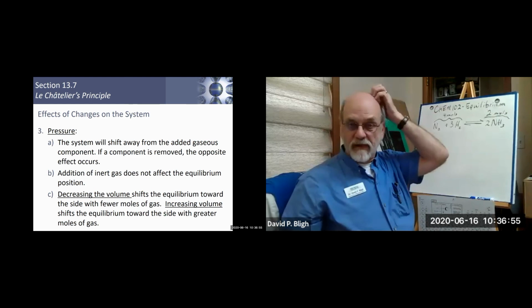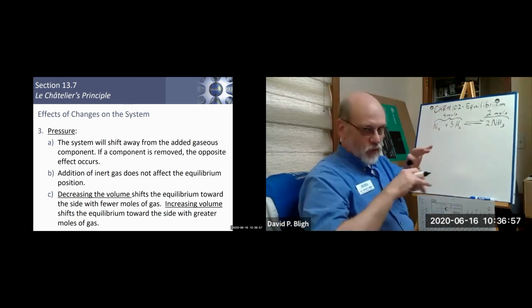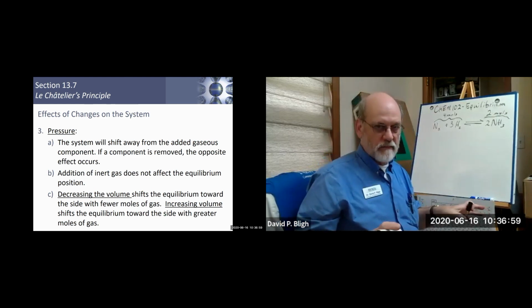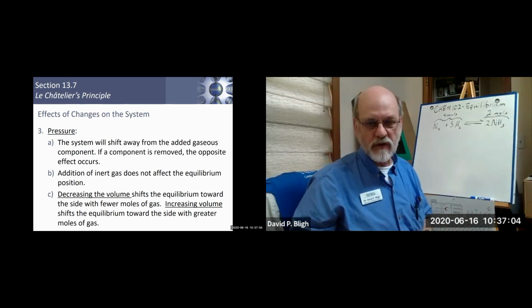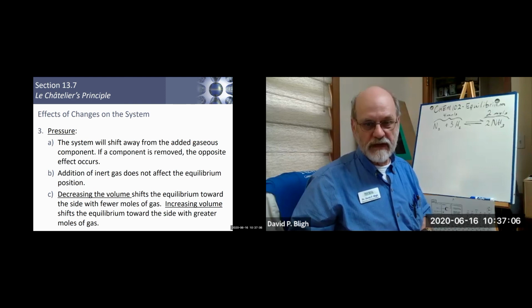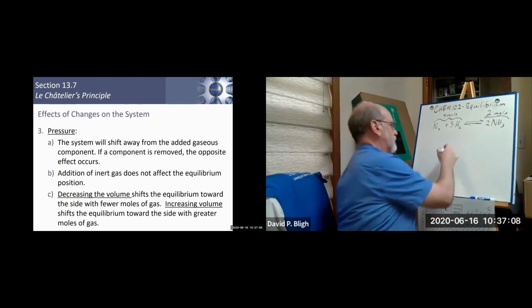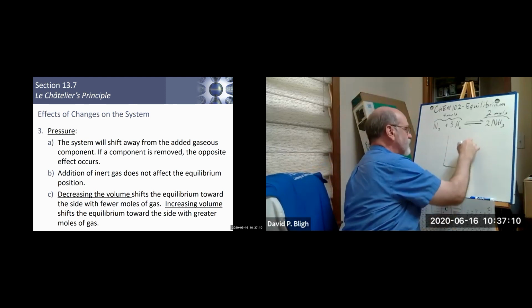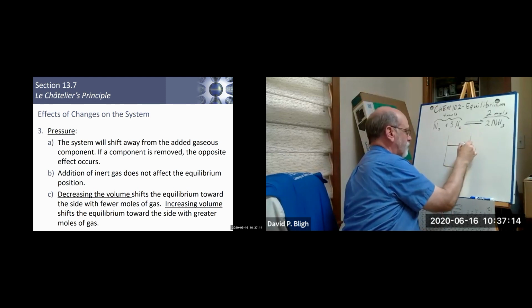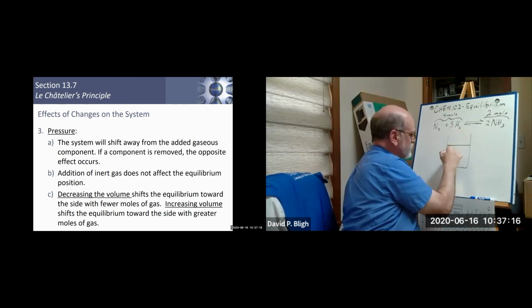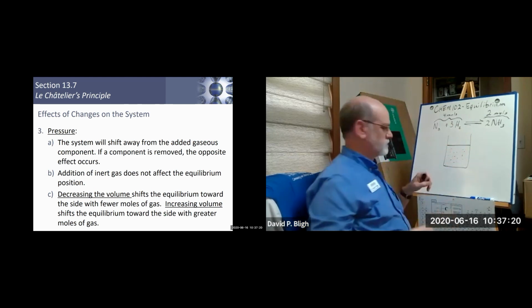Okay? So we're at equilibrium, and let's see, what are we going to do first? Decrease the volume. So here's our reaction vessel, and our reactants are in here. Our gases.